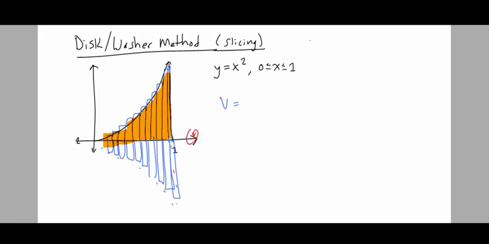So the general formula for the volume using the disk method follows from pi r squared. If you think of each of these disks, it's basically just the area of a circle with an incremental width of dx. The radius would be the distance from the top of the rectangle to the axis of rotation. So this would be pi times r squared, from a to b in general, meaning where do I start and where do I stop.